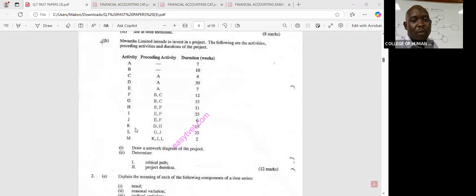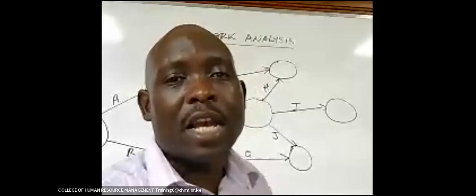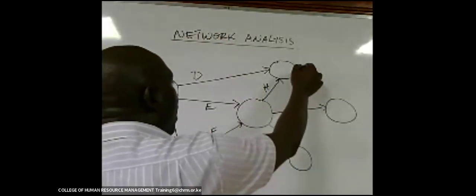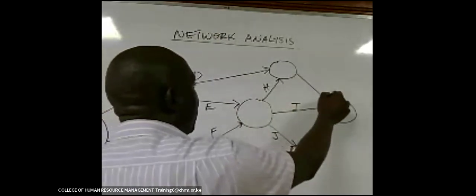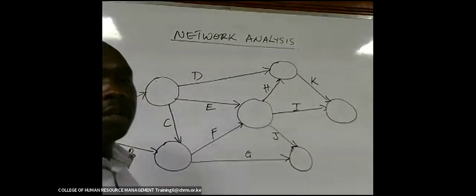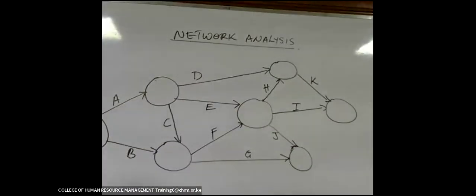So at one point, they will combine with the completion of activity K. Because I has been completed, K will have to go and join where I is. But this K will start after DH has been completed. DH has been completed here. It will come and meet activity I. That one we shall call activity K.